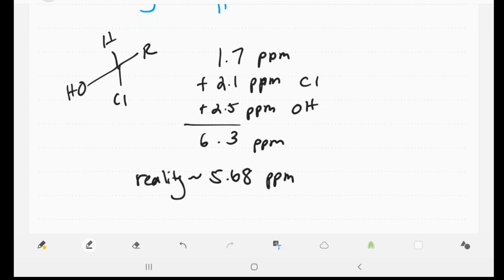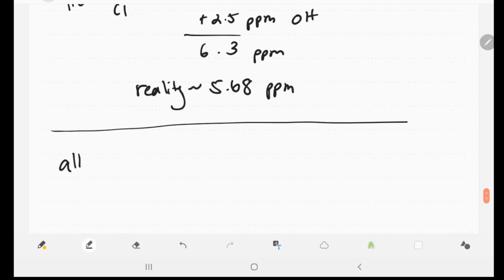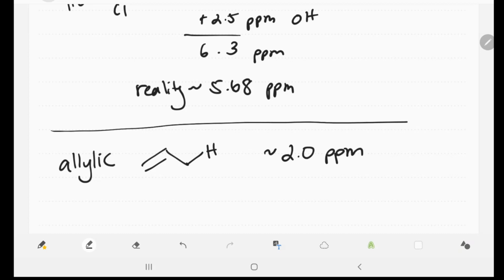So that's halogens, that's oxygen, and generally that's what we see here. We're going to see some other bits. Allylic ones typically show up around 2 parts per million.